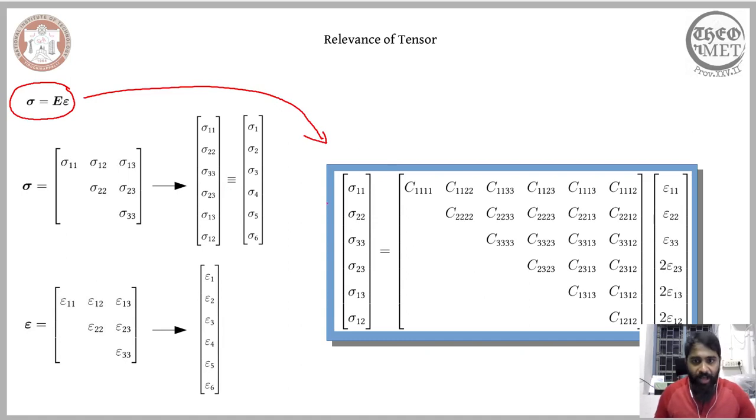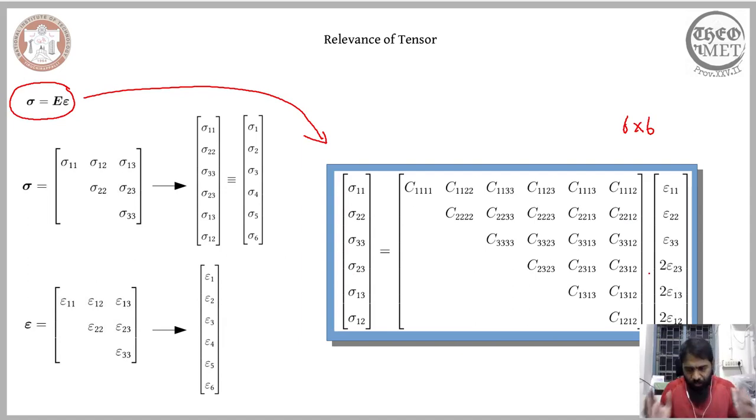The tensor that relates these two column matrices becomes a square matrix of dimension 6 cross 6, because there are 6 entries in each of these.